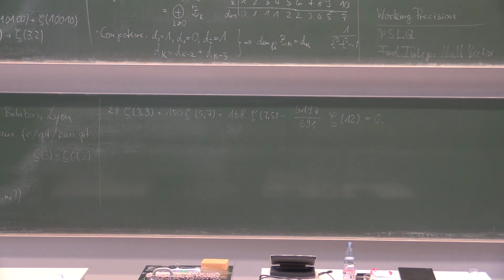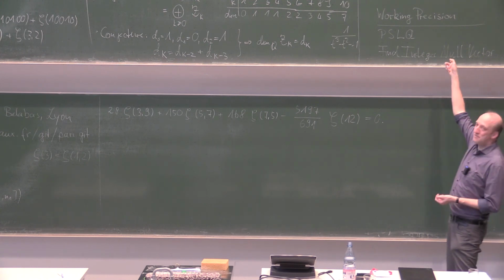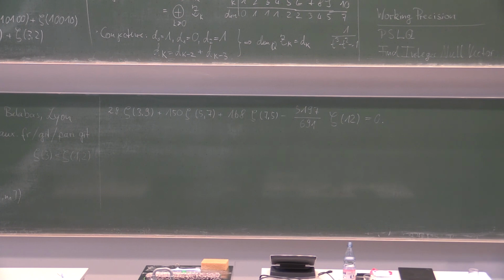And then there will be a secret number. I think I'll send you a 1,000-digit number. And then you could use the integer null vector finder with a couple of candidates to find out what rational combination of zeta values it is. So I think it's going to be sent tomorrow morning.